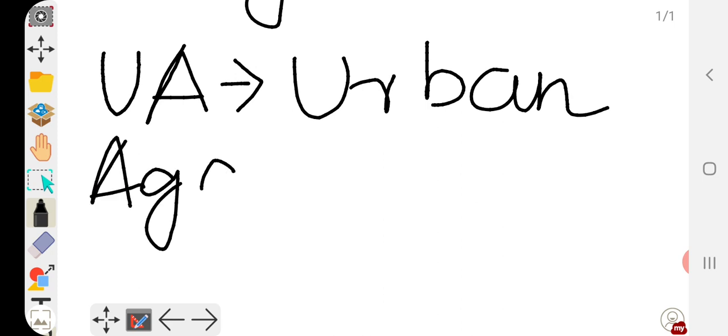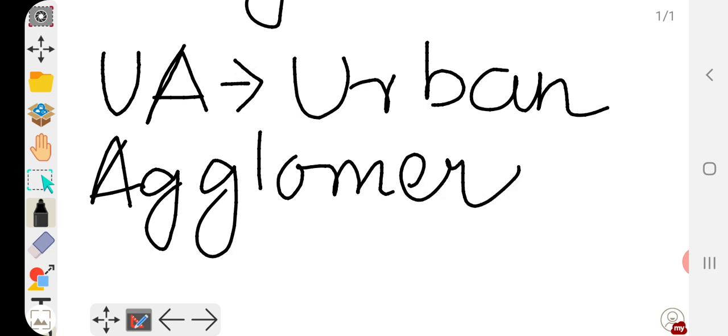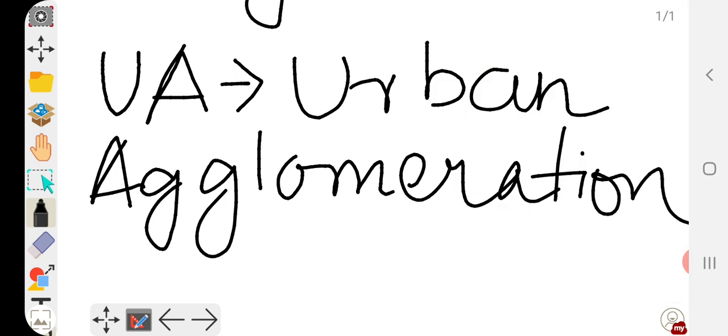So what is the definition of this UA, urban agglomeration? How can we define this term? Urban agglomeration is when a suburb merges with a metropolis or an important city, and then the administrative area increases.